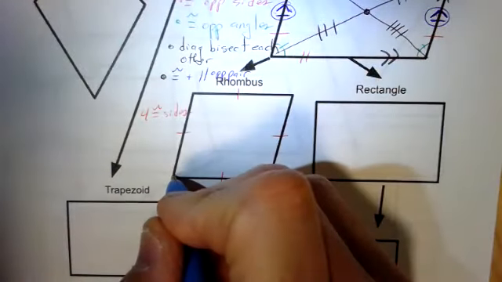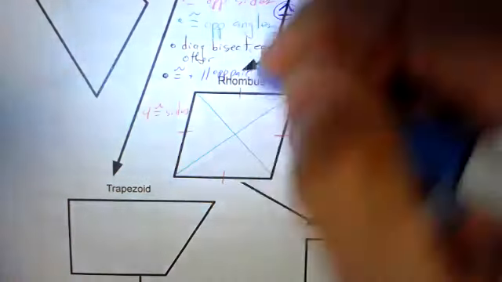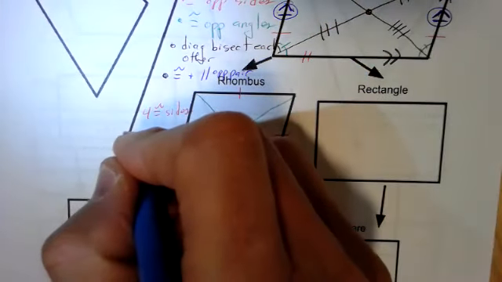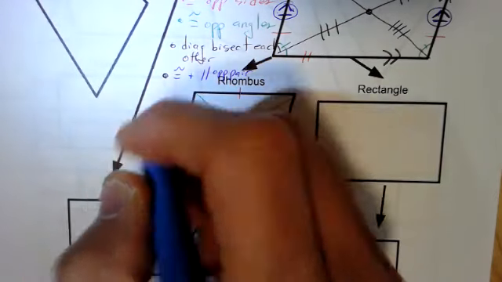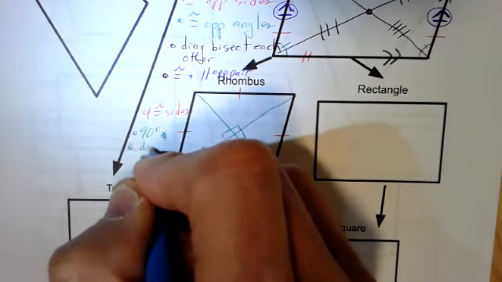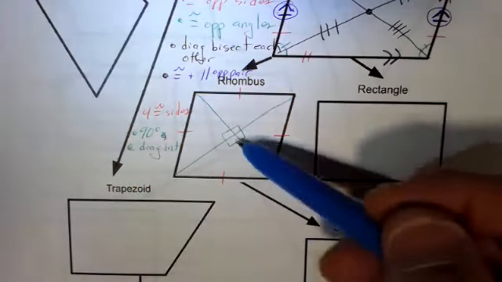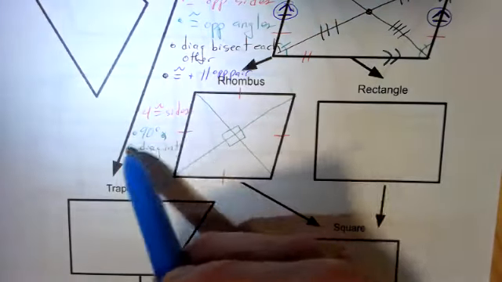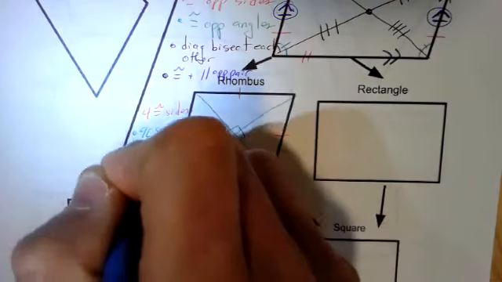Now in a rhombus, the diagonals are special because this cool thing happens where the diagonals form 90-degree angles with each other. So the 90-degree angles at diagonal intersection. You could also say that the diagonals form right angles, or perpendicular diagonals would probably be a much more succinct way than writing that. So you could also say perpendicular diagonals, I guess.